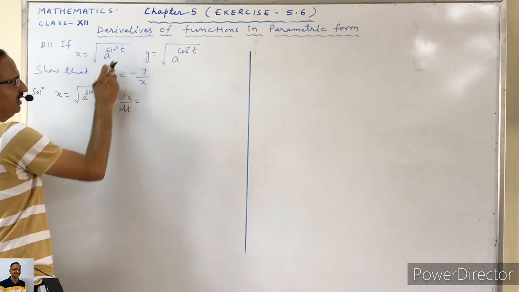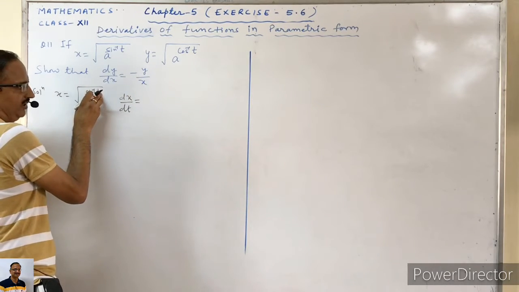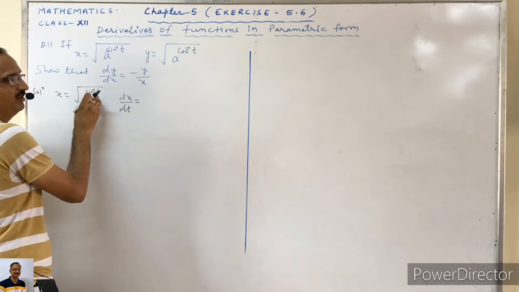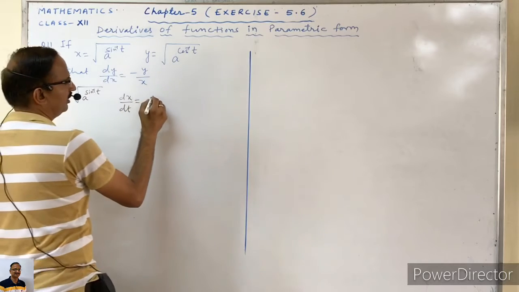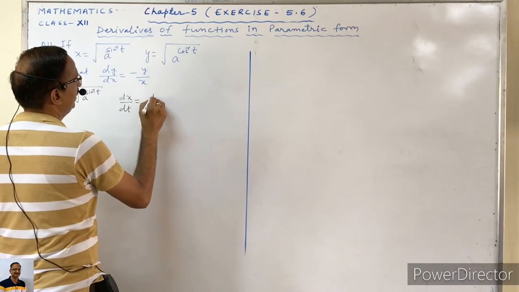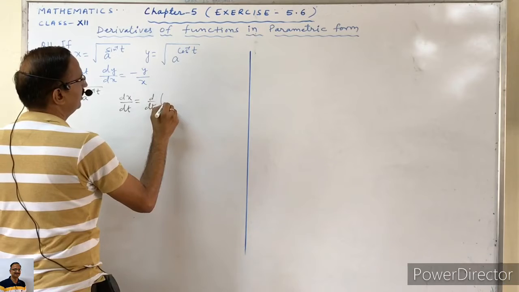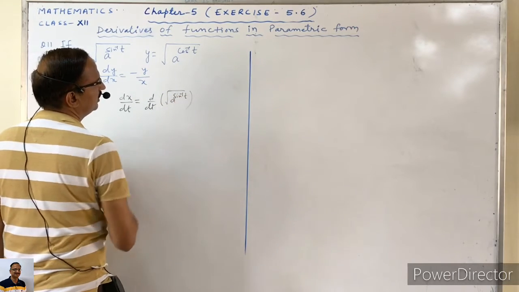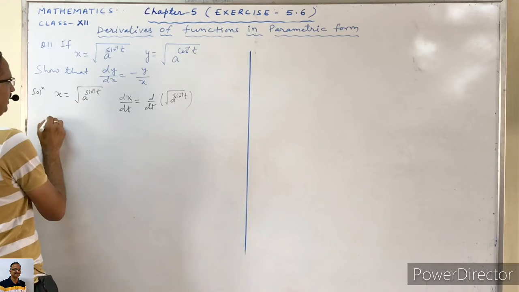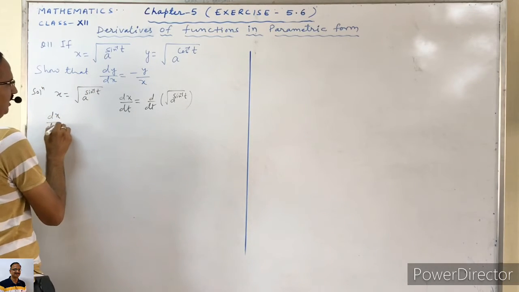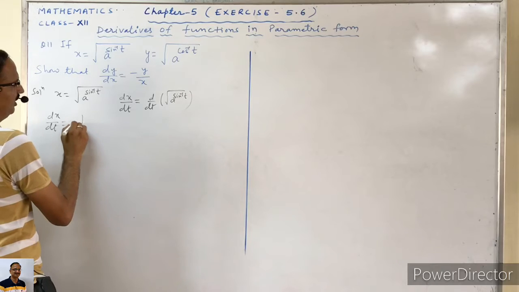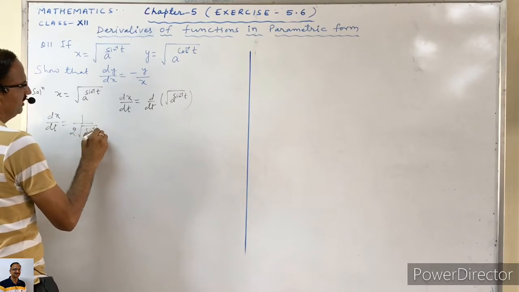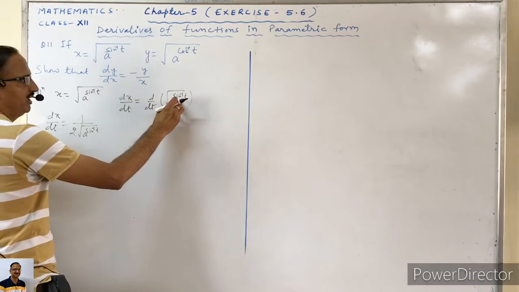Here the variable is t, so the derivative of root t is 1 by 2 root t. So we can write d by dt of root a raised to power sine inverse t. The derivative of this is dx by dt on right hand side 1 by 2 root a raised to power sine inverse t. But this is not t.